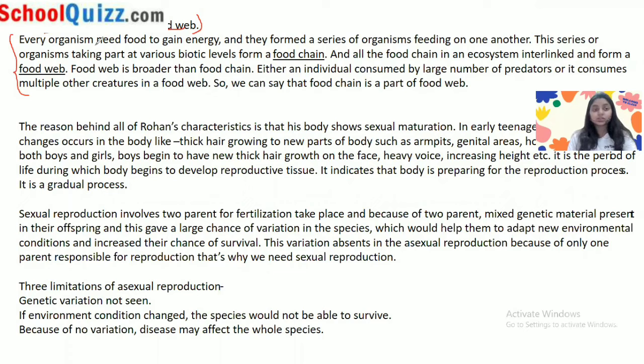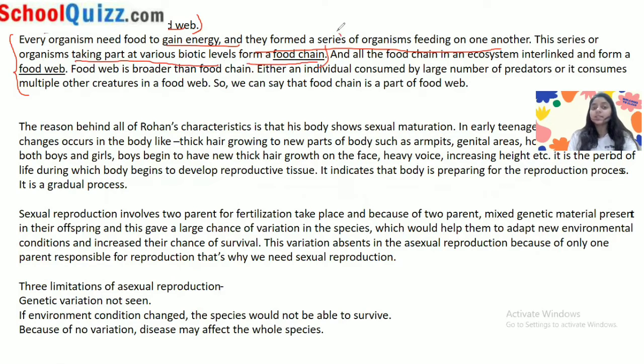Every organism needs food to gain energy, right? And they form a series of organisms feeding on one another. So every organism depends on another organism for its food and its energy. This series of organisms taking part at various biotic levels forms a food chain.